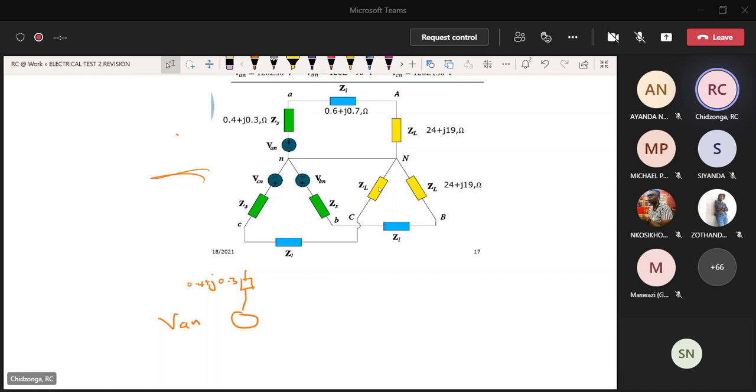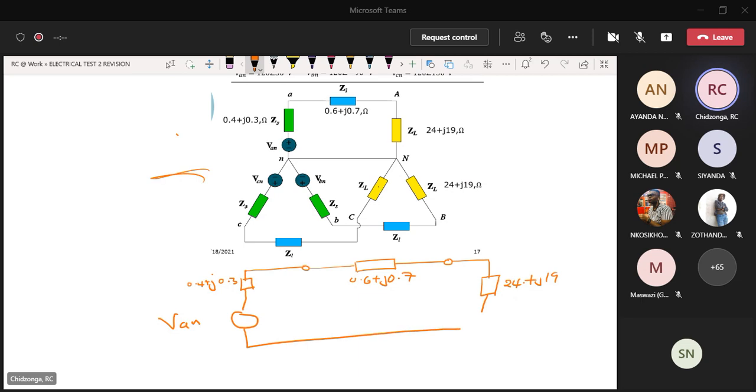Then there is a line impedance. So you see the machine stops there, the source, and then we start with a line which has got an equivalent impedance of 0.6 + j0.7. And then we stop with the line, and we now have a load on the other side, which has got an impedance of 24 + j19, right? This is one phase.